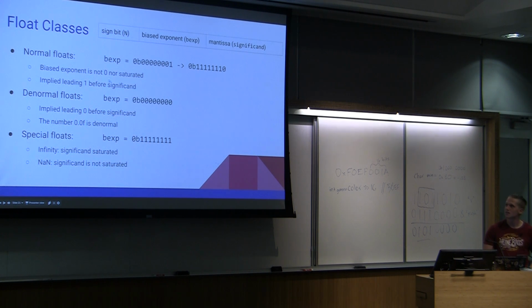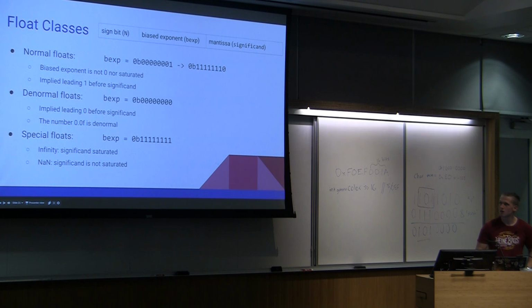So as I said, the biased exponent bits, which are stored in this second field, are neither 0 nor saturated, so they're not all 1s or all 0s. That means the biased exponent can go from 1 all the way to all 1s with a 0, so it's basically almost saturated. And when floats are normal, that means you imagine there's a leading 1 before the significand when you compute their value. I'll talk about computing the value in a second.